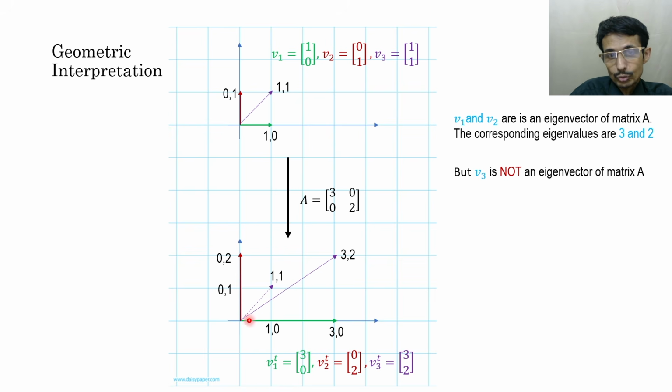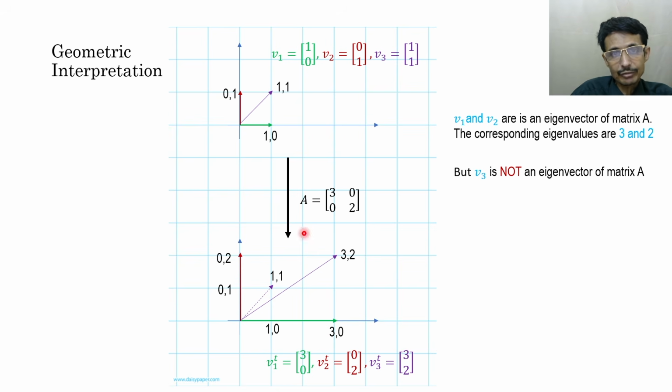So these two vectors (1, 0) and (0, 1) are not changing their direction, but are only stretched by some value. So these are eigenvectors, and the factor by which they are scaled, this 3, is the corresponding eigenvalue, and this 2 is the corresponding eigenvalue for the other.